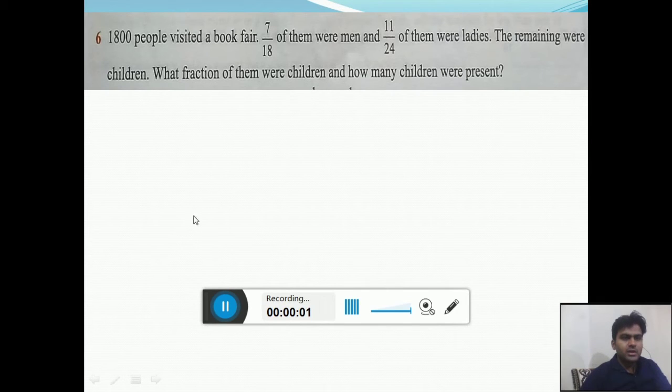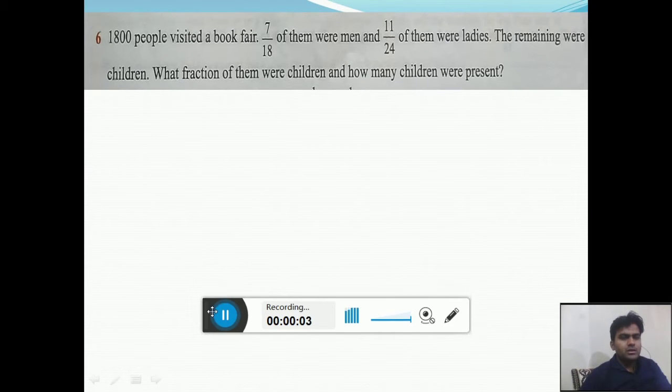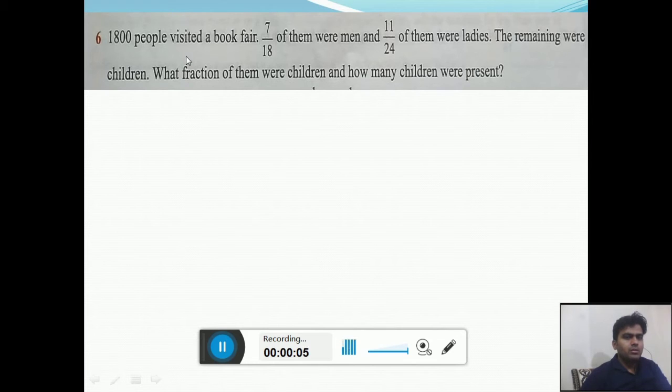Question number 6. 1800 people visit a book fair. 7 upon 18 of them were men. So men are 7 upon 18 of the total. We can get the number of men by multiplying 7 upon 18 into the total number of people. Then ladies were 11 upon 24.